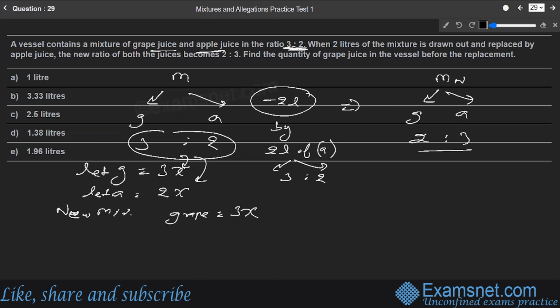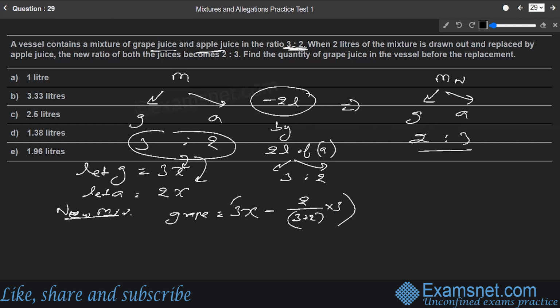Before finding the new mixture, we are supposed to find how much has been reduced, because 2 liters were removed first. If the 2 liters is removed, how much of the grape juice has gone? The 2 liters is the total quantity divided by the sum of the ratio terms, 3 plus 2, multiplied by the grape juice part, which was 3 parts.